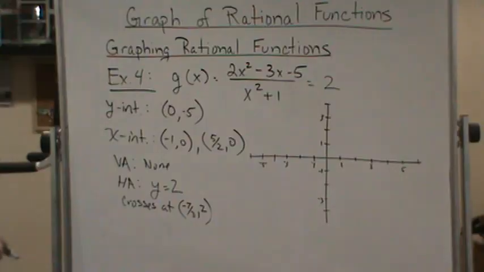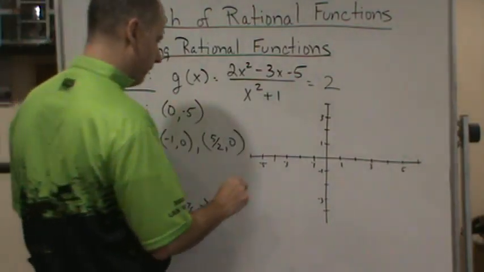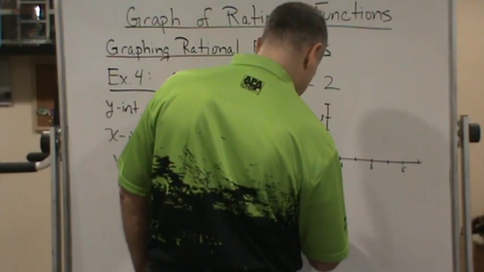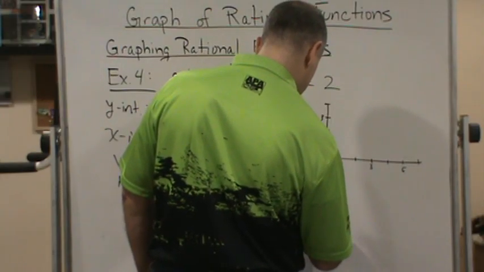Okay, so now what do we got? 0, negative 5. So 0, negative 5 is right here.